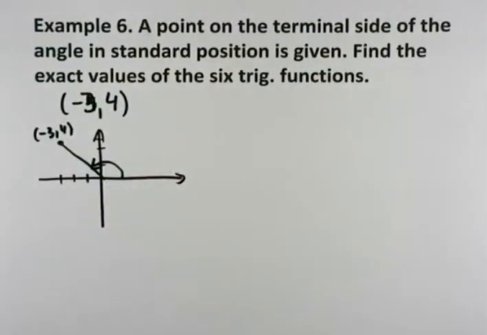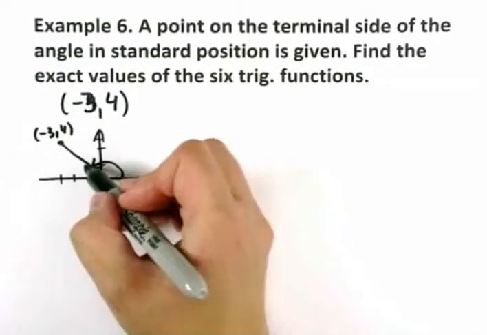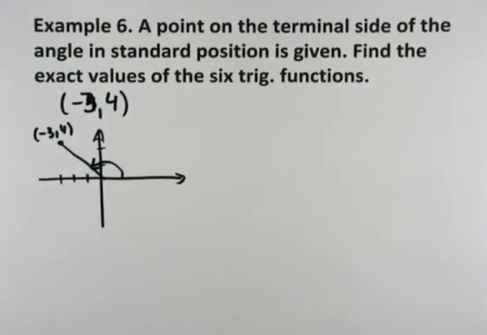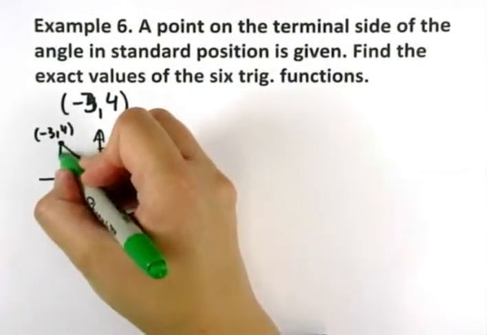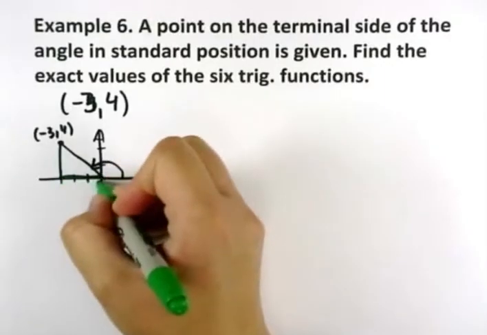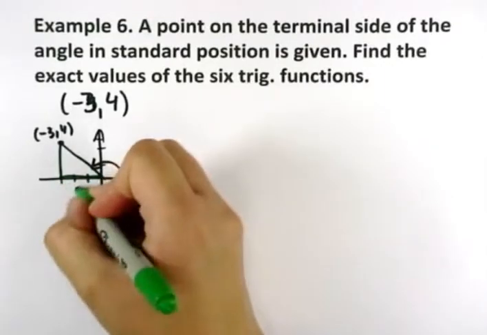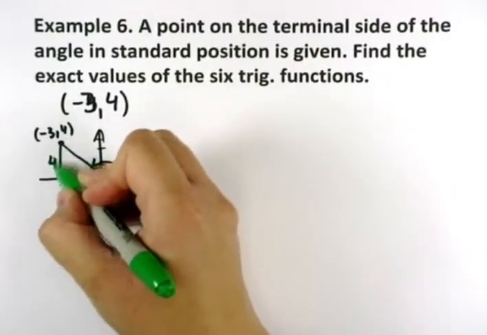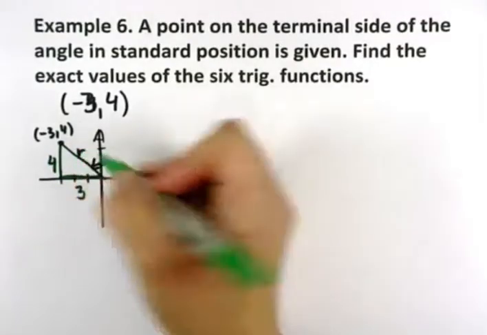So we are looking for the reference angle. The reference angle is right here. So if I create a right triangle right here, this is my x value, and this value has 1, 2, 3, so this value has 3. This is my y value, and the value is 4. I need to find this r.